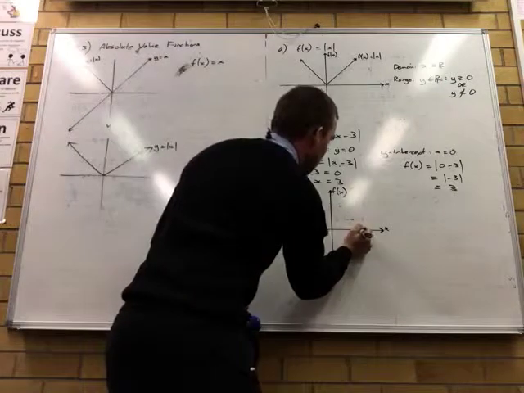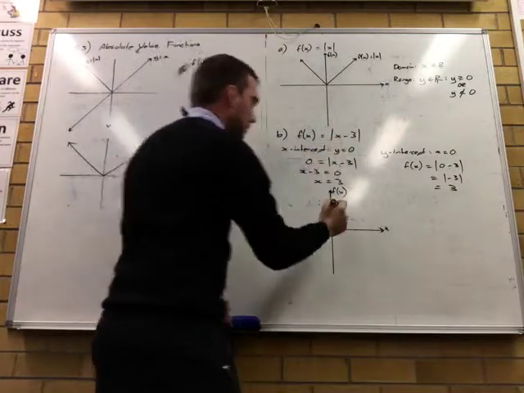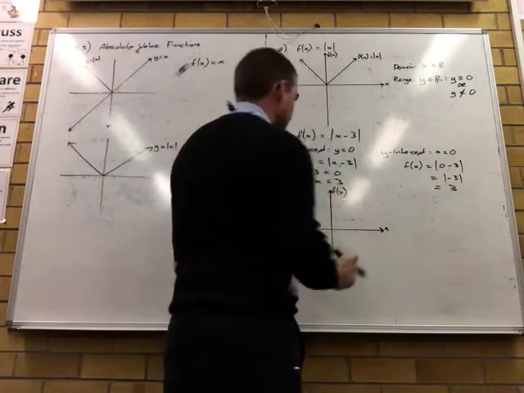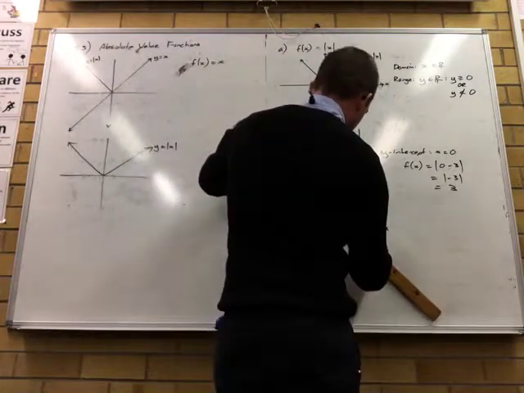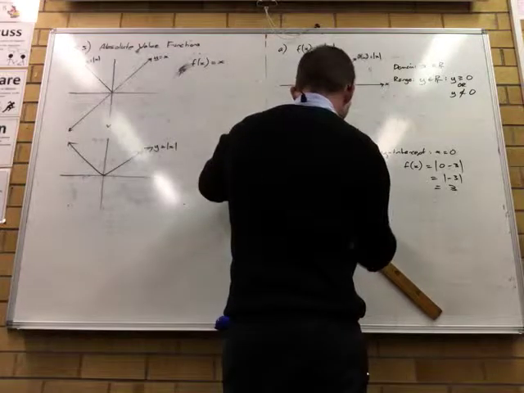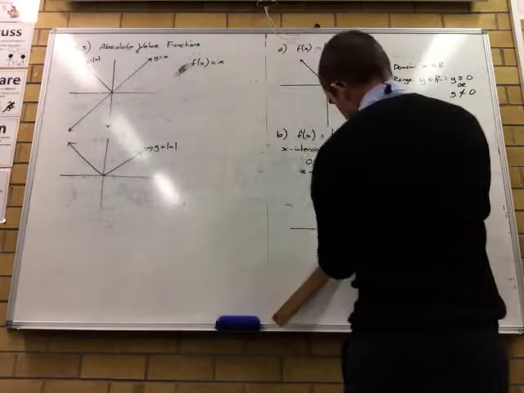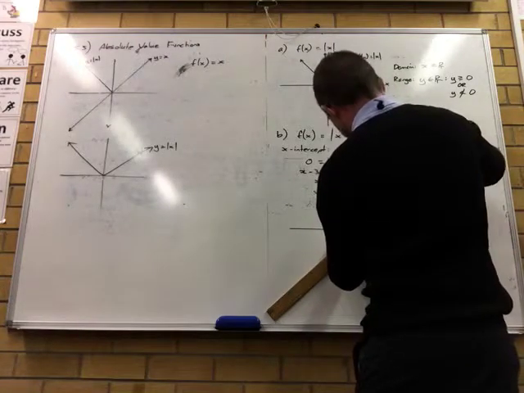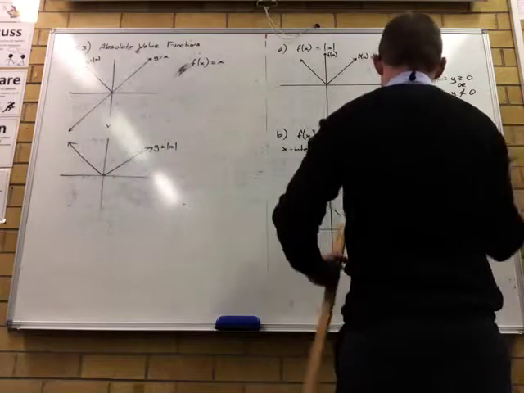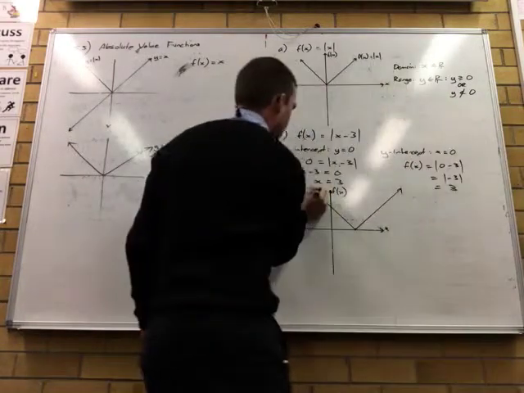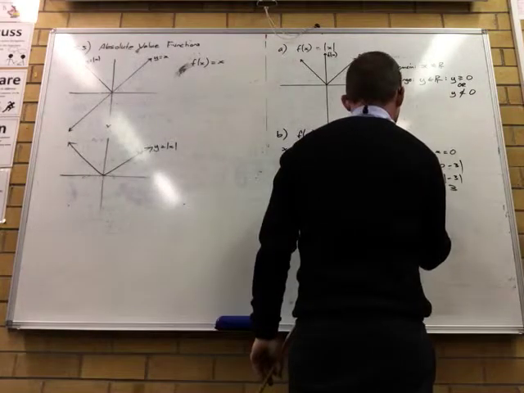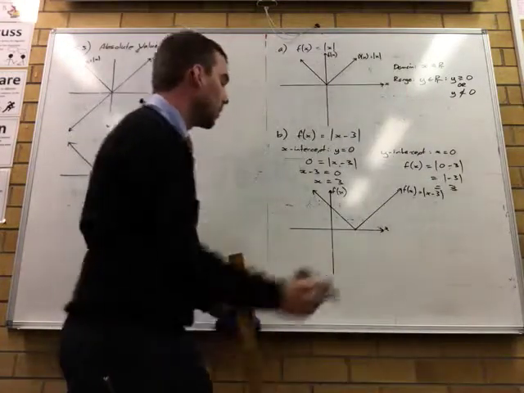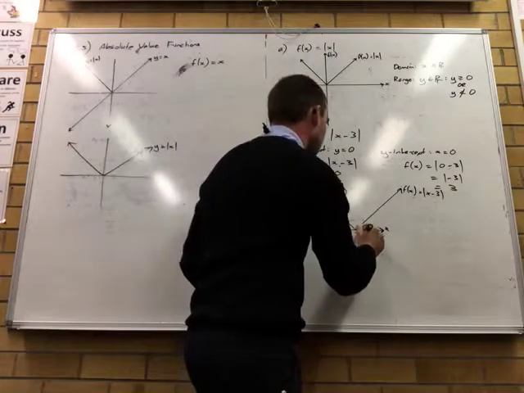So it touches the x-axis at 3, it won't cross it, and the y-axis also at 3. You need to include all your intercepts when they're not at the origin.